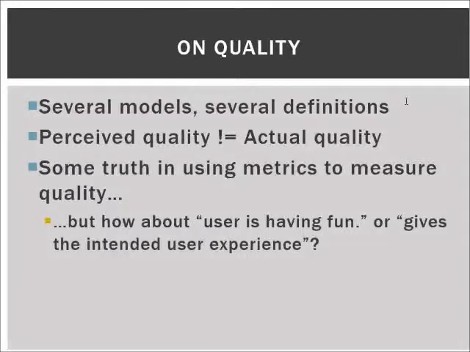Anyway, in any case, this course is not about quality, but quality is an important thing to understand when we want to have metrics or see that our testing and quality assurance work goes towards the right direction.